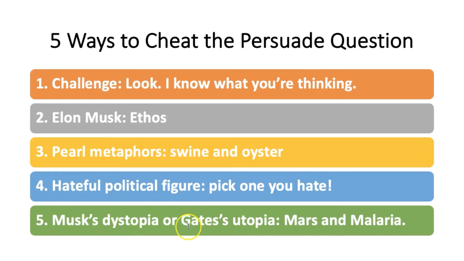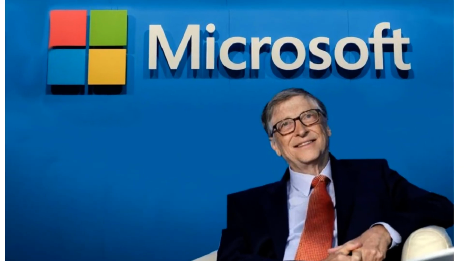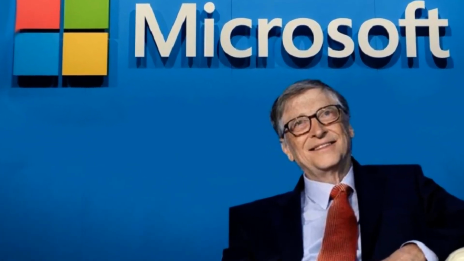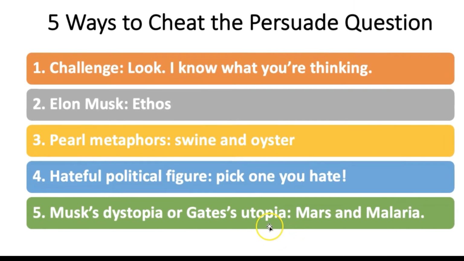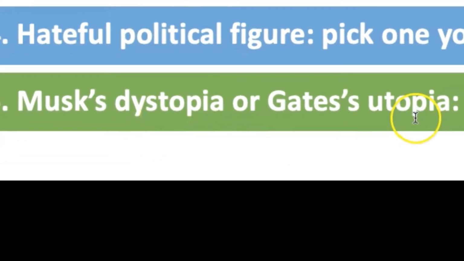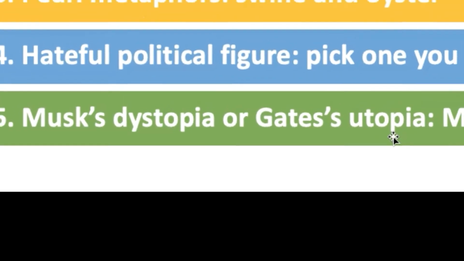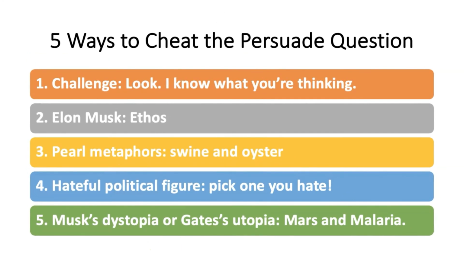Or you're going to use someone like Bill Gates, who's put his billions into developing things like a cure for malaria for the world. Here's a man who wants to make the world an amazing place. Being able to talk about this contrast between a dystopian future and a utopian future will fit every question and again mark you out as an expert. It's going to give you more ethos and higher marks.